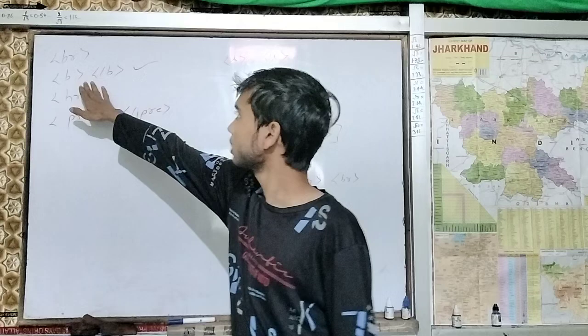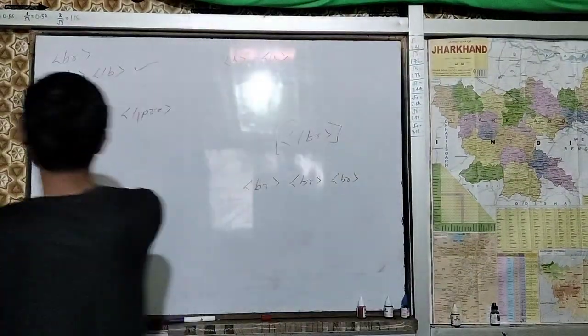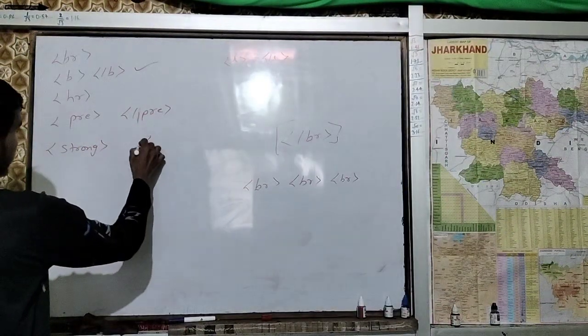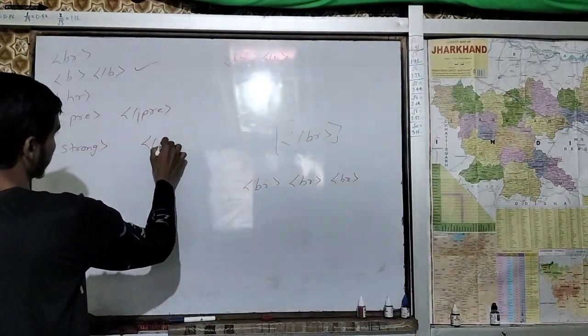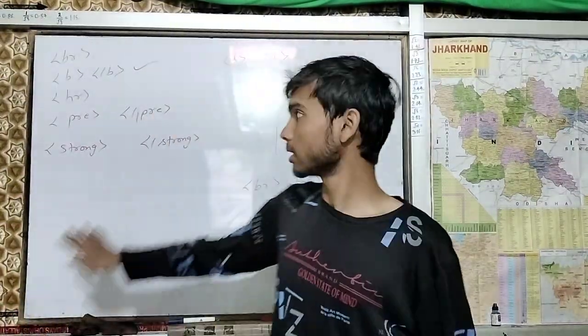Rather than using this B, you can use the strong tag, and then the ending strong tag. It's recommended.